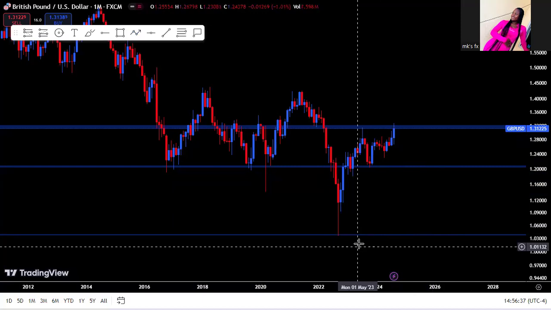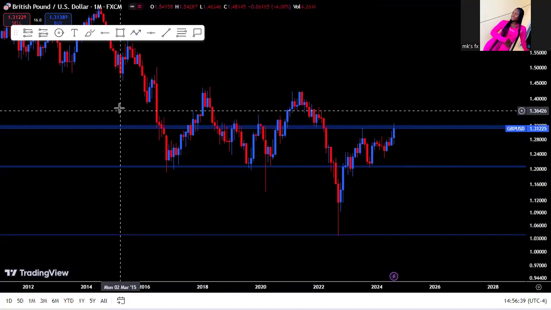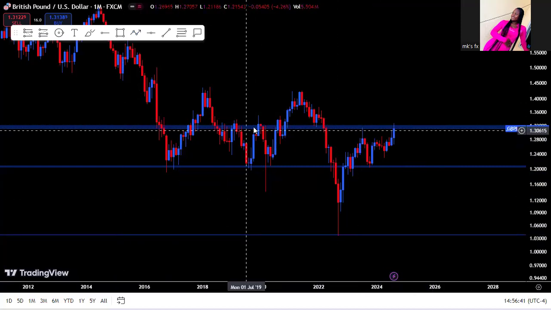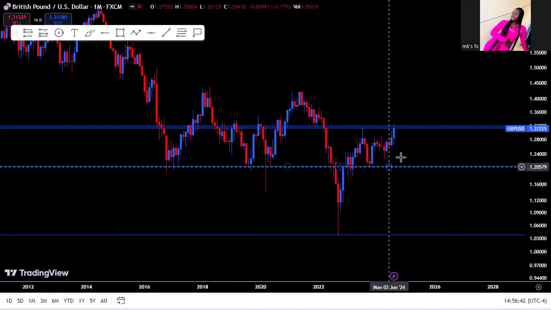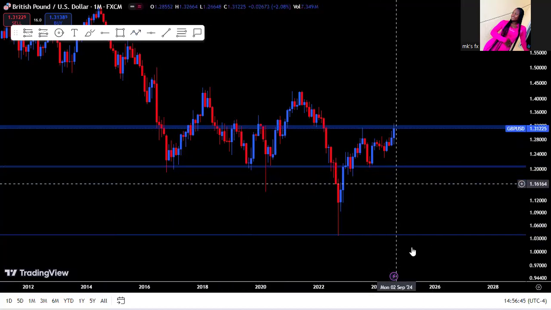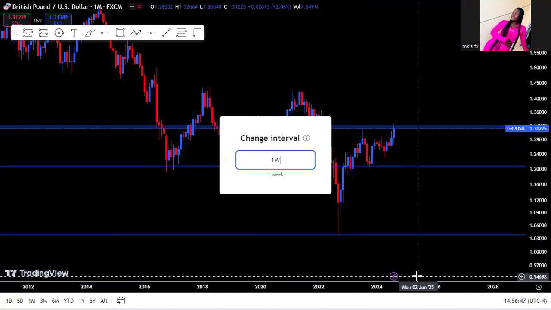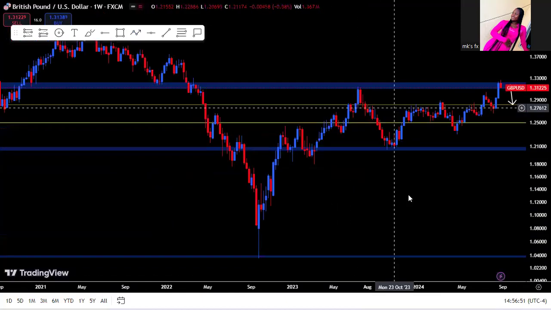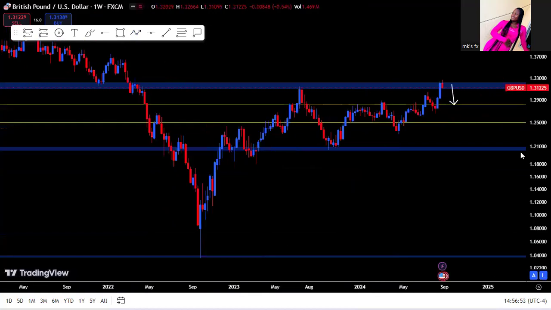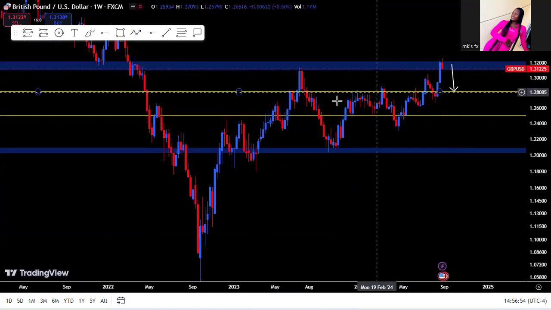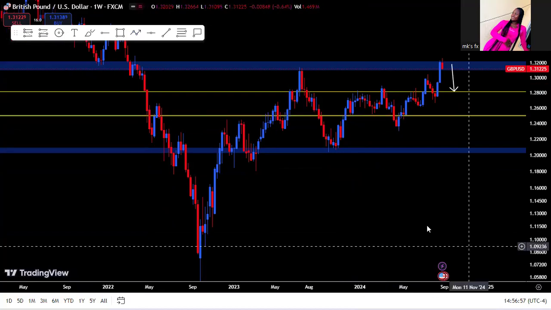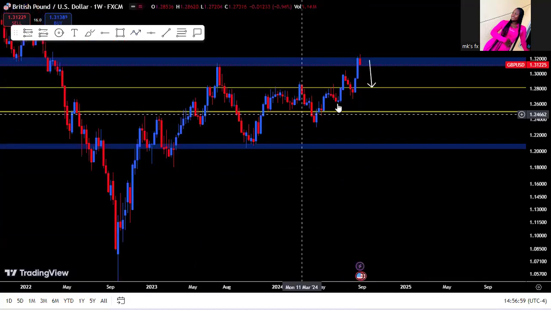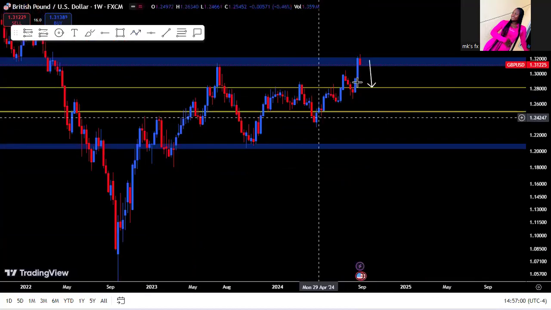So we are going to scale down to smaller time frames and see how we could pick entries to the downside on GBP USD. So we go down to the weekly time frame. Now, on the weekly time frame on GBP USD, we can see that we have our weekly high and our weekly low, and price is moving in a form of higher highs and higher lows.